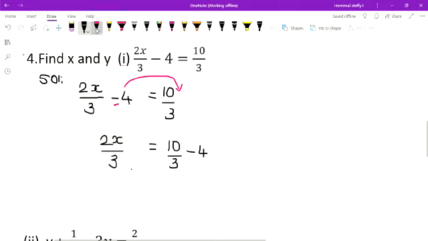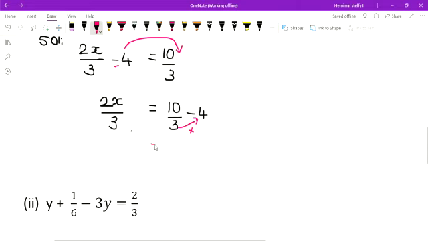Then what is the next step? I will do the cross multiplication here. 3 into 4, so I will do the cross multiplication.